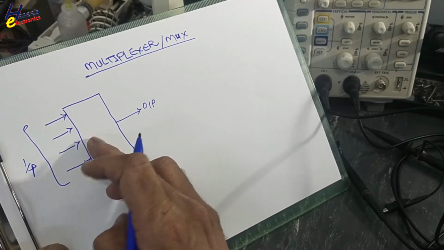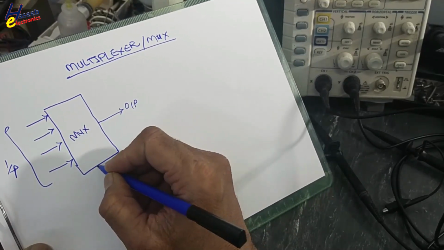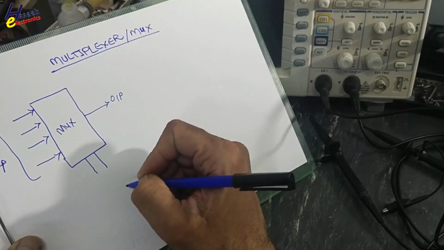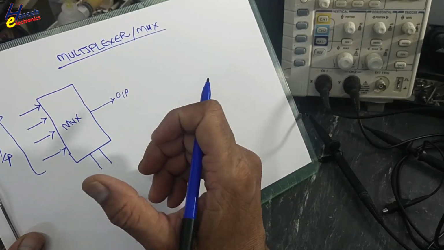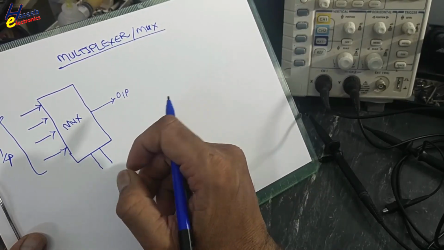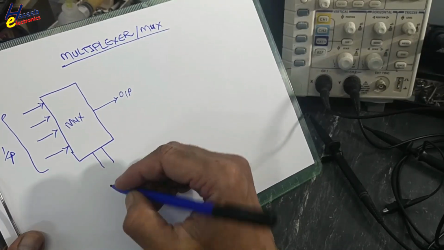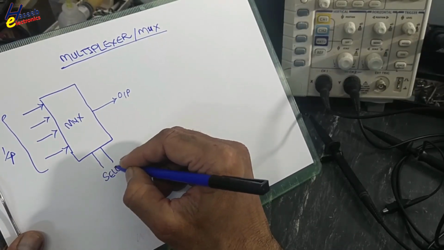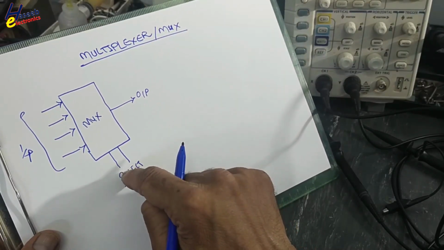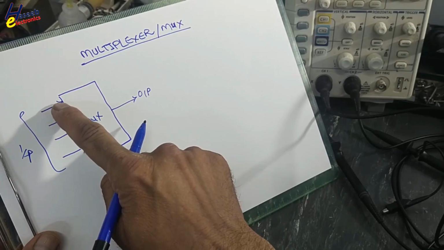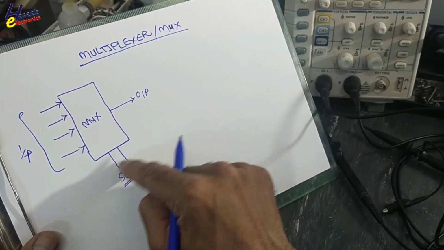When we apply inputs to this circuit, this component, and we provide control logic, any code, any command line from any computer, any processor, or manually, maybe it is predefined, it is the select input. Based on this select input, this code, it will connect these lines to the output, as defined in this code.